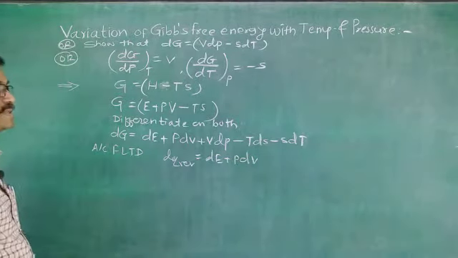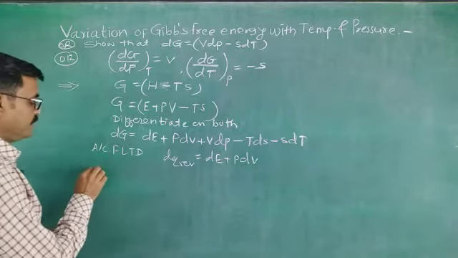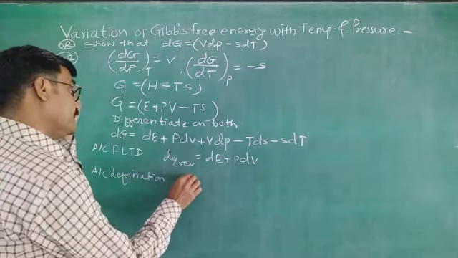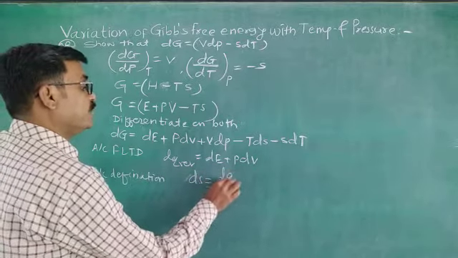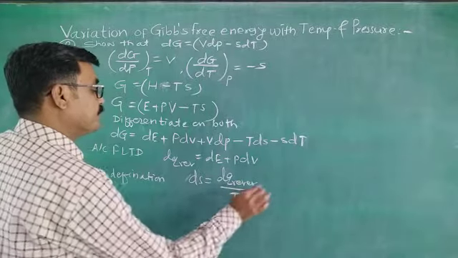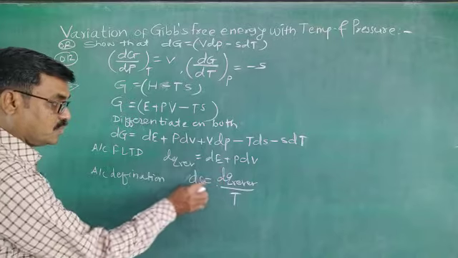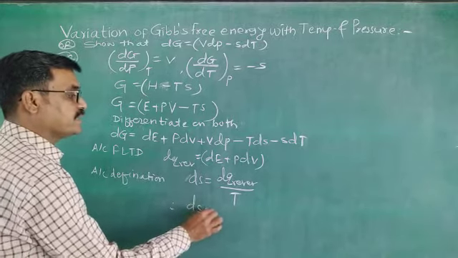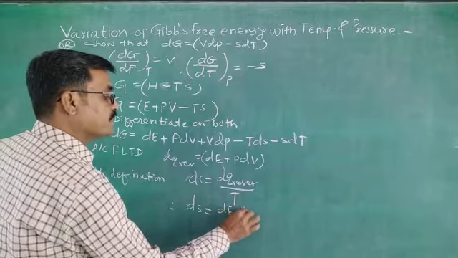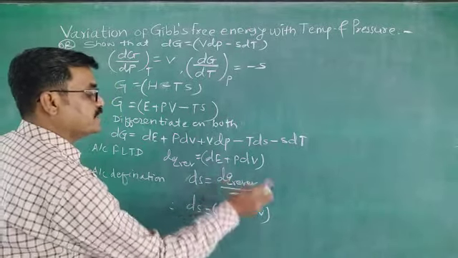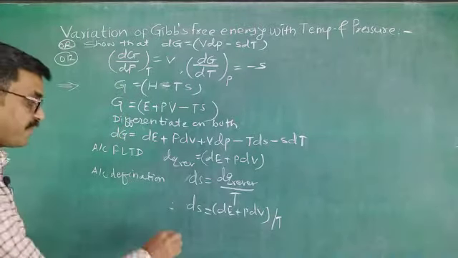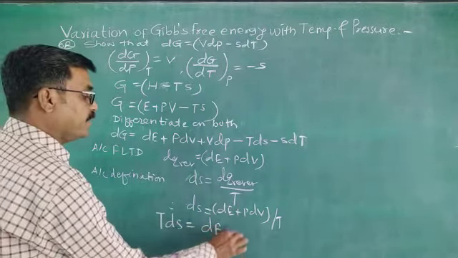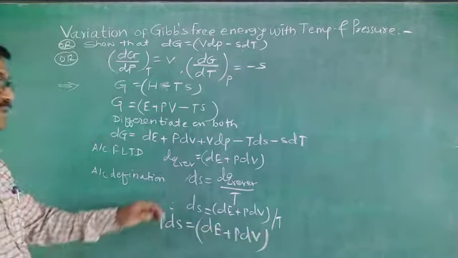Now, according to the definition of entropy change, dS is equal to dQ reversible upon T. Putting the value of dQ reversible here, dS is equal to dE plus PdV, upon T. Hence TdS is equal to dE plus PdV. You get the value of TdS.